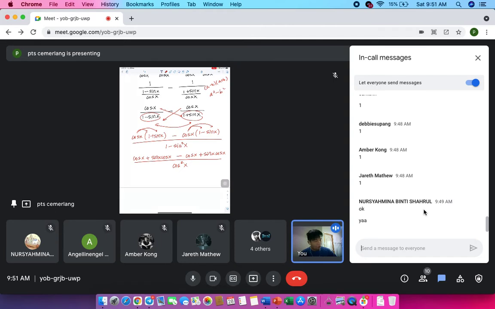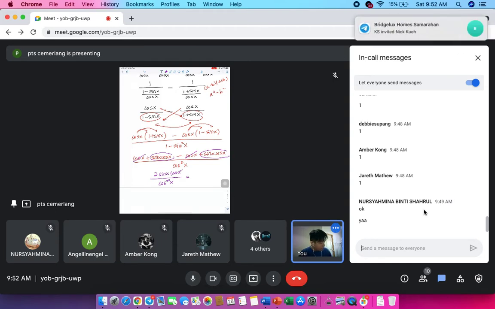So what disappears now? You will cancel cos with cos. Gone. Then sin x cos x plus sin x cos x, you will get 2 sin x cos x over cos square x. Cos square cancels, 2 sin x over cos x. So the answer is 2 tangent x.